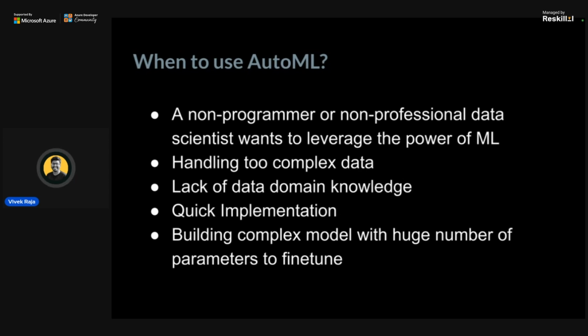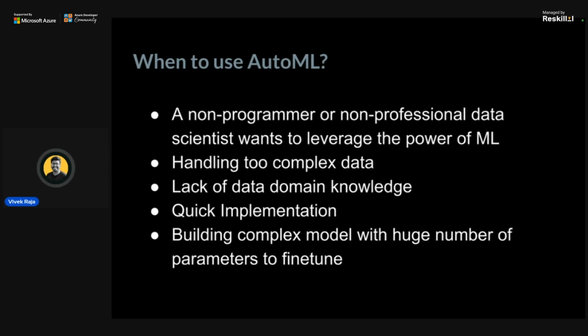I do get asked a lot whether automated machine learning is really a curse for data scientists or machine learning people because it robs them of their expertise. No, I still do not agree with it.